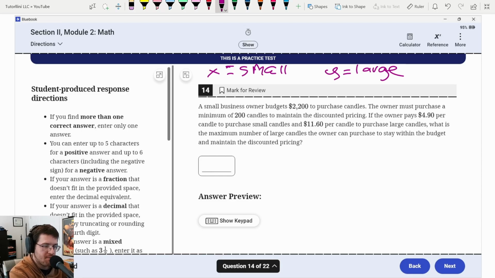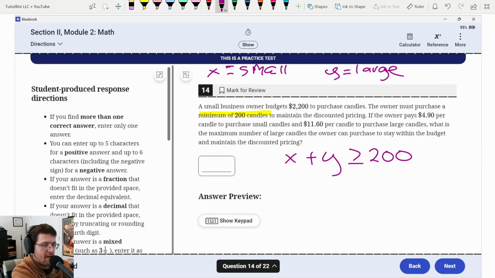Okay, question 14. So we want to buy, I'm going to make x the number of small candles and y the number of large candles. We want to buy, in total, a minimum of 200 candles. So x plus y. Minimum is a keyword, an inequality keyword, that tells us greater than or equal to.